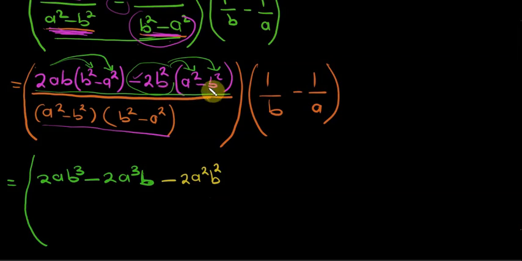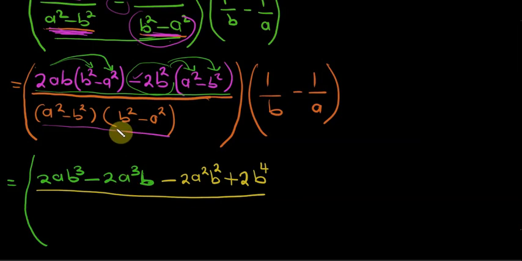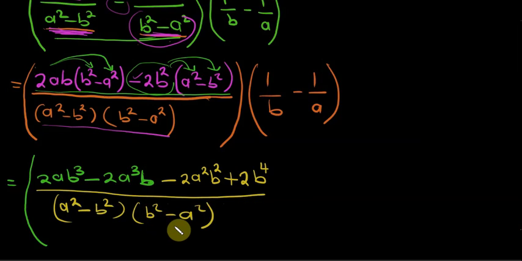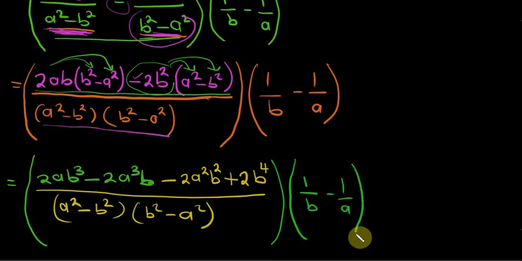Minus 2b squared multiplied by minus b squared, that becomes positive 2b to the power 4, divided by a squared minus b squared, minus a squared. These are differences of two squares, but you'll get to see it later on. Alright, and everything multiplied by 1 over b minus 1 over a.